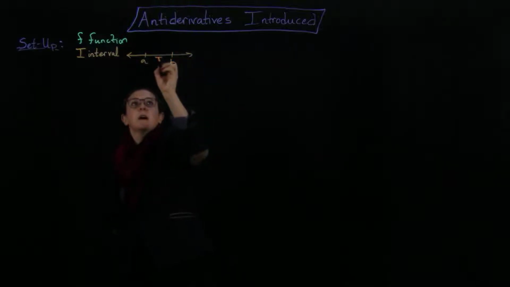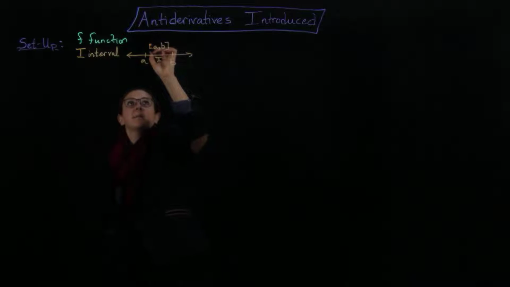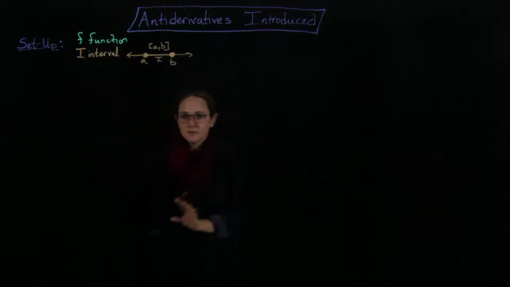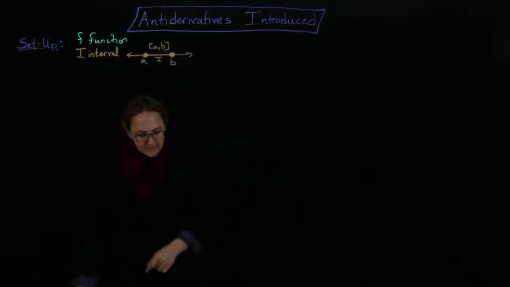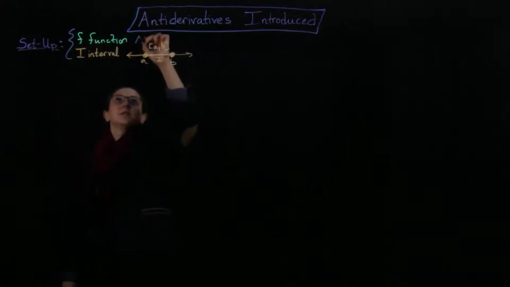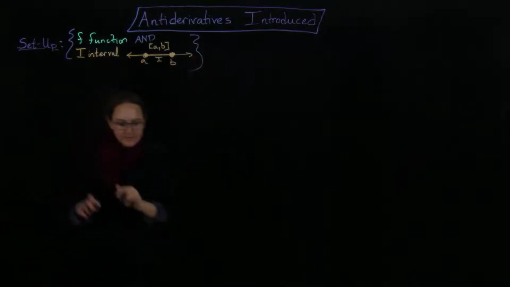So this is I, it's also going to be written like this, AB, inclusive. So f is a function and I is an interval. This is our setup throughout what we're doing here.